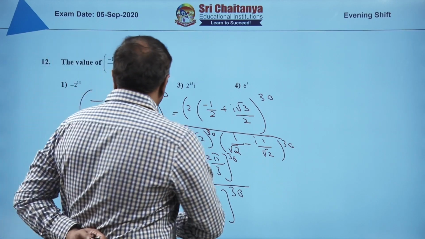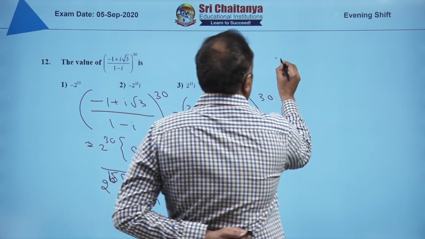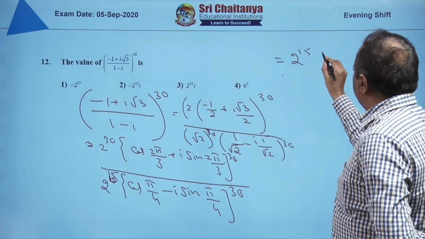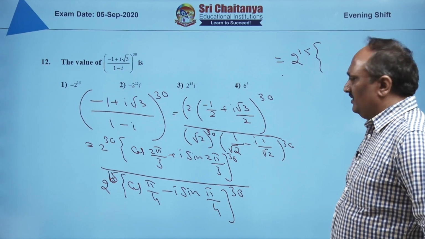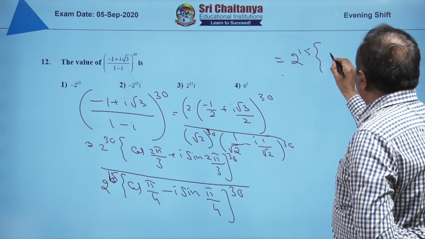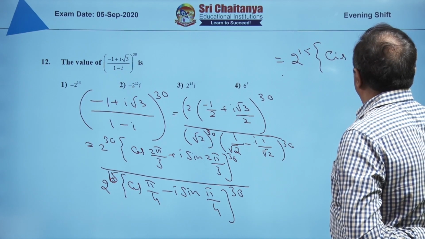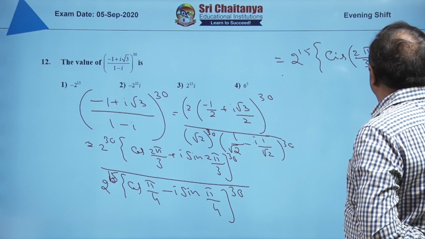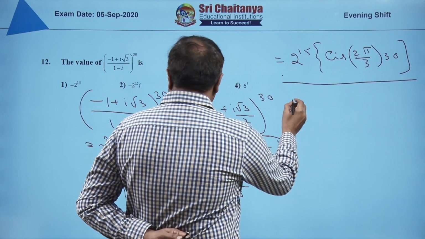2 power 30 by 2 power 15 is there, that is nothing but 2 to the power 15, and cos 2 pi by 3 plus I sin 2 pi by 3 whole power 30, that is nothing but cis 2 pi by 3 whole power 30. Whole power 30 means into 30 we can get, divided by 2 power 15 value obtained.